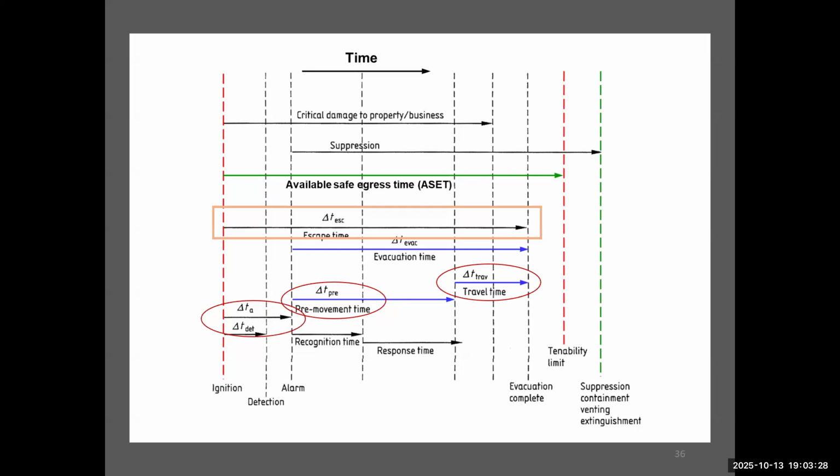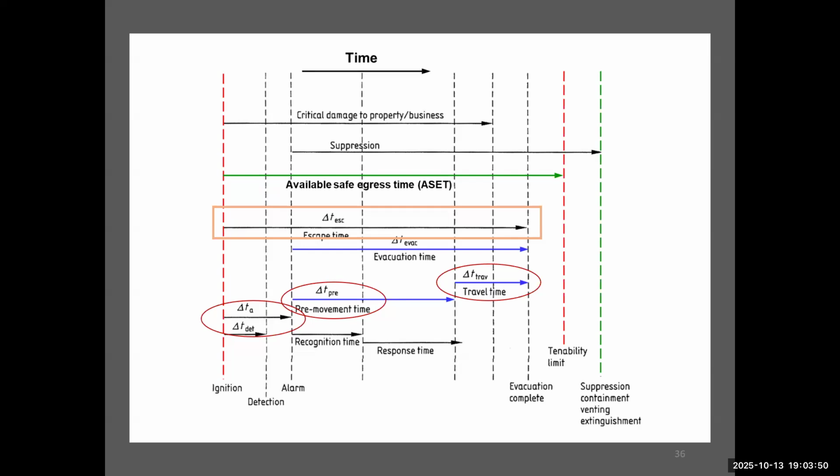The pre-movement time is the delay before people start moving. So we have the detection time and the pre-movement time. Then the traveling time begins. That is the time people need from their reaction to get to the exit.